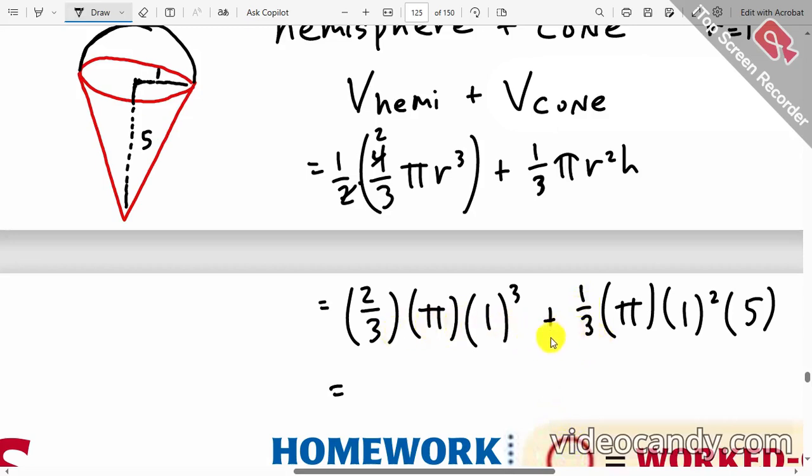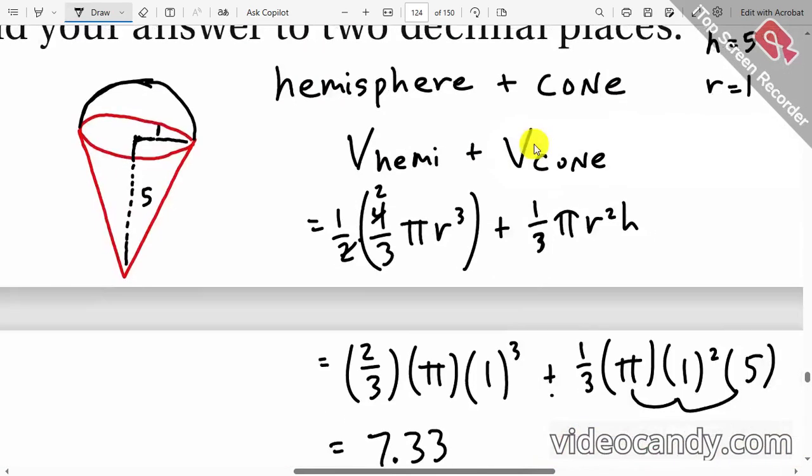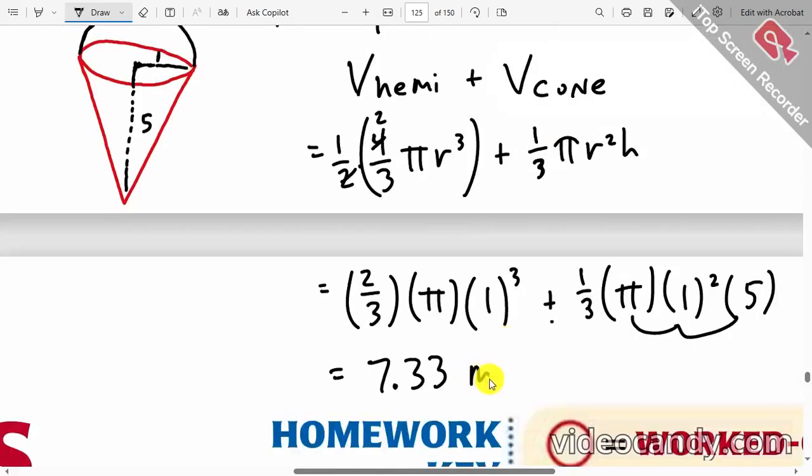Keep this answer. Do plus pi times 1 squared times 5 divided by 3, and then hit equals. And I get 7.33. All right, the units were in meters, but that gets cubed. So that's going to be meters cubed.